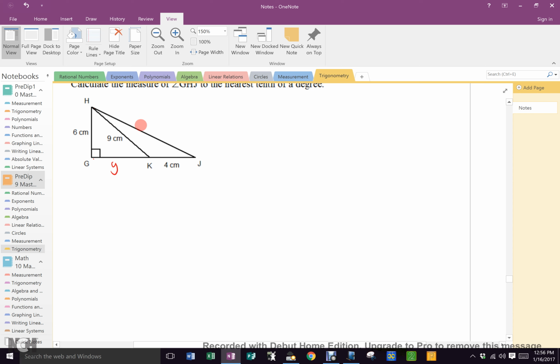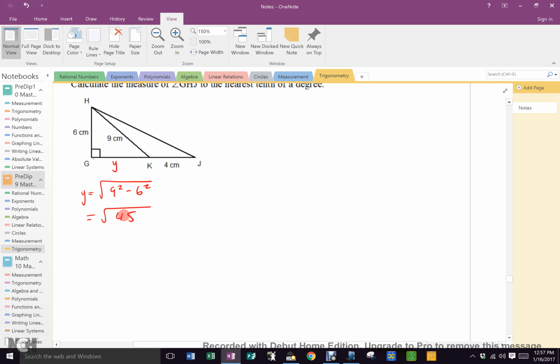How? By the Pythagorean theorem. So this I'm going to call Y. How do I find Y? It's the square root of what? 9 squared minus 6 squared, which is the square root of 81 minus 36, yeah? Which is what? 45.